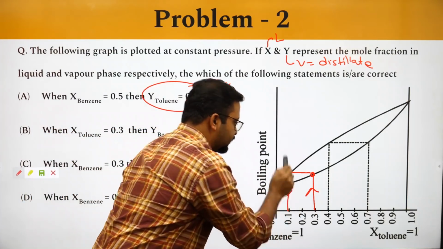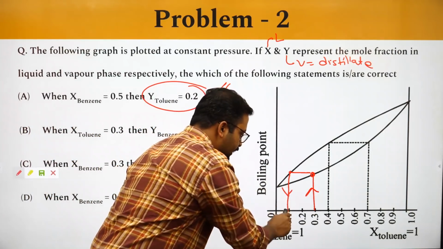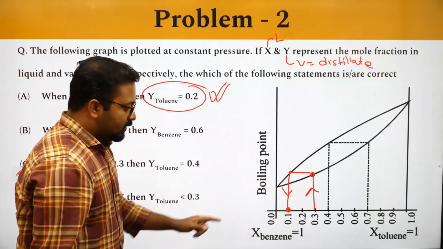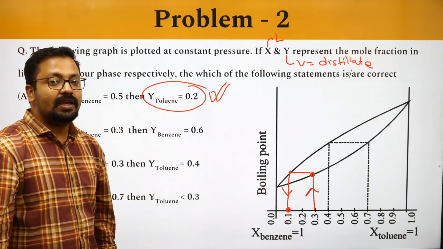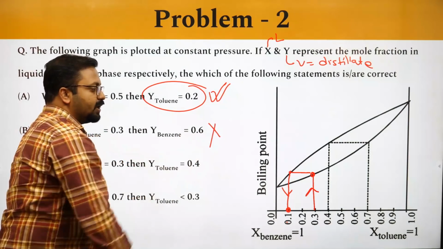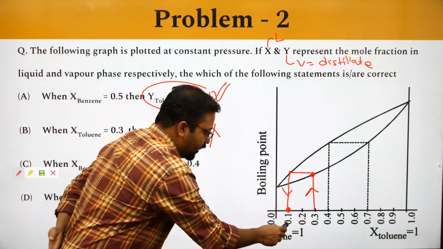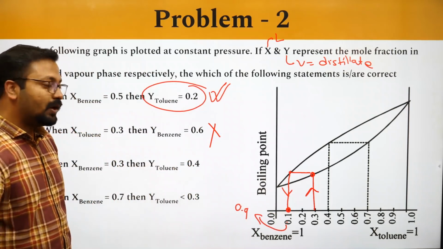I will get this. हमेशा उधर ही मूव कर रहा है. Boil this, gets this. I get toluene 0.1. तो बेंजीन कितना मिलना चाहिए? 0.9. बेंजीन कितना लिखा हुआ है? 0.6. So it is incorrect. At this point, benzene will be 0.9 because toluene is 0.1.